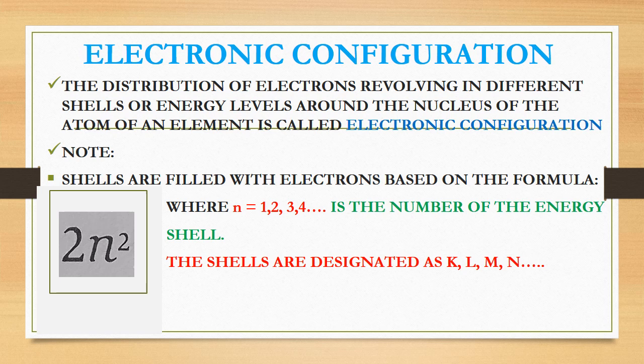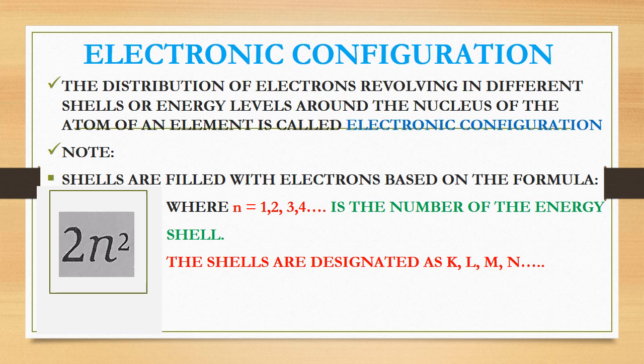Alright, now coming to electronic configuration. So what is electronic configuration? It is the distribution of electrons revolving in different cells, which is also known as energy levels, around the nucleus of an atom of an element. Now these cells are filled with electrons based on the formula 2n square, where n is a natural number, that is 1, 2, 3, 4.